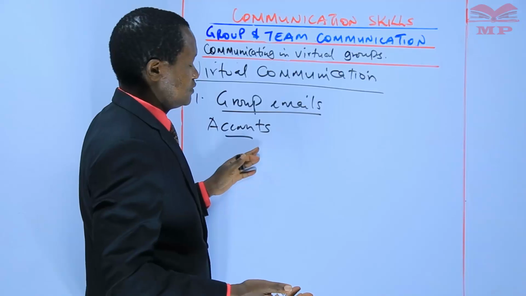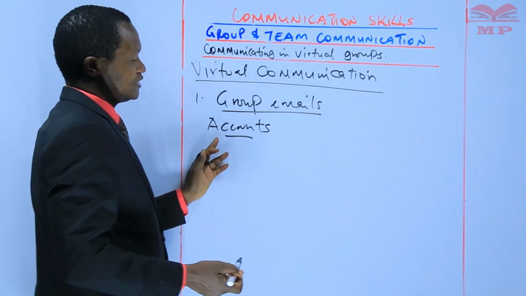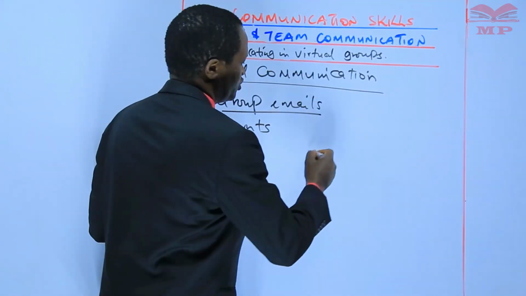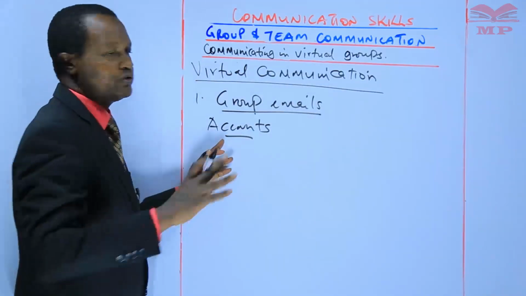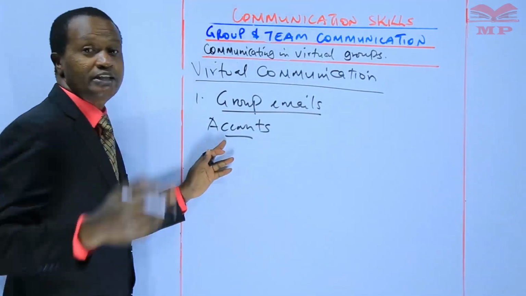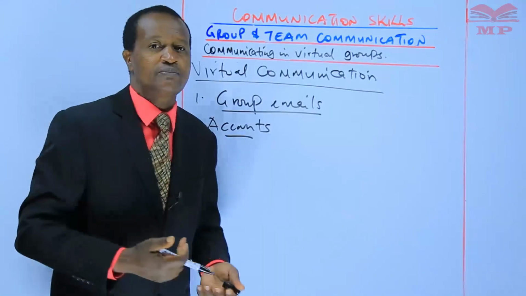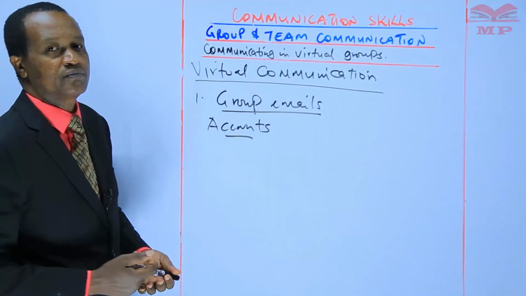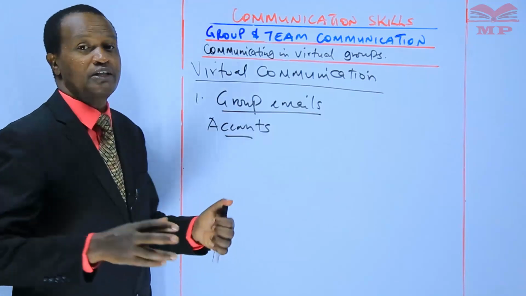Could be 50 or 100. So that when the finance director sends the email to the group, then all the members of the accounting department will receive the same email instantly. That's what we refer to as group email.